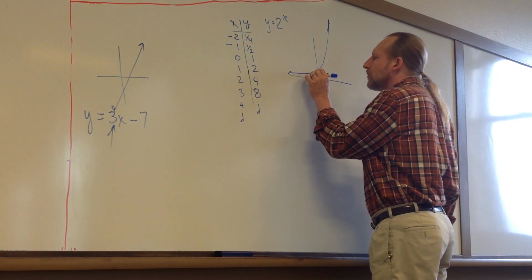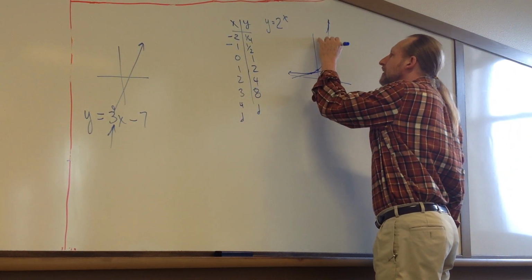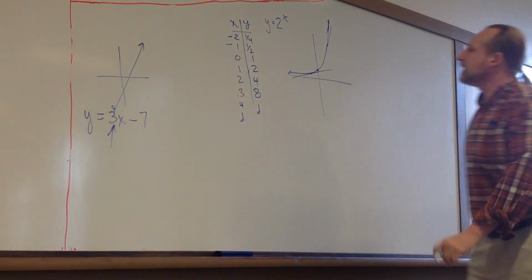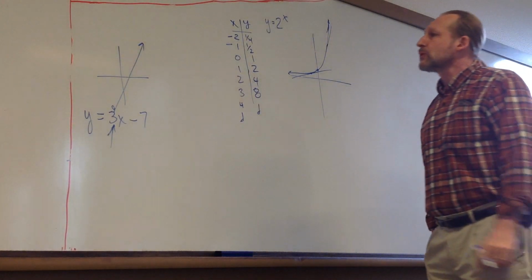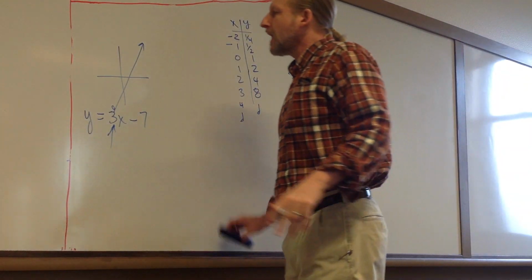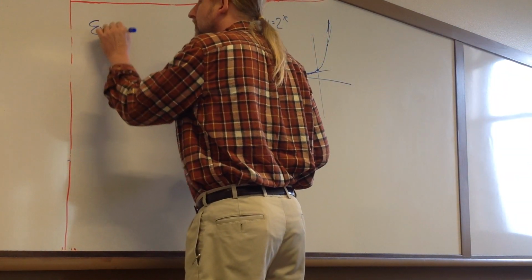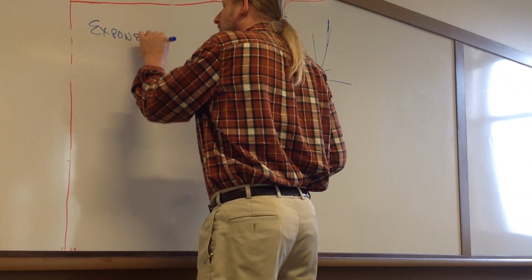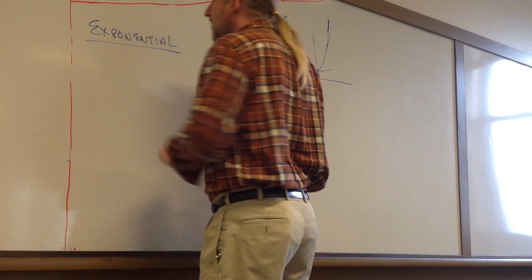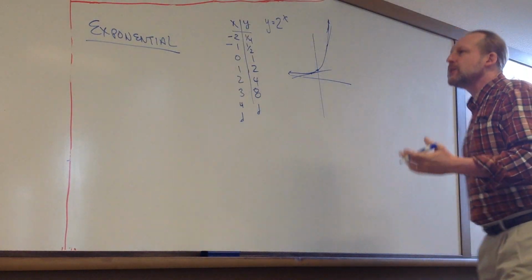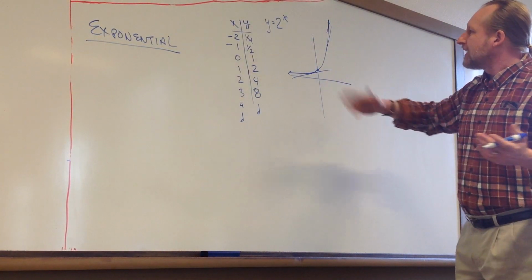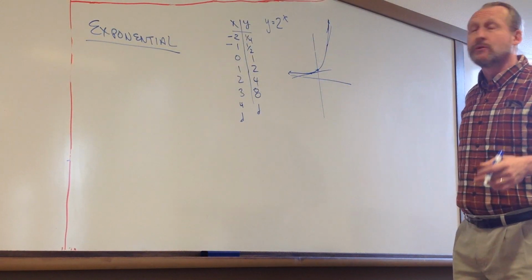You can see the slope here is very different from the slope over here. And sort of the fundamental, really the defining feature of an exponential relationship is that the rate of change, or the slope of the curve, depends on the y value of the curve itself.